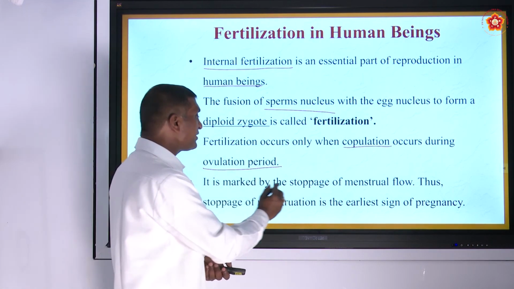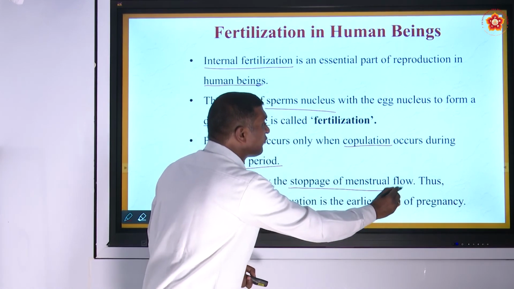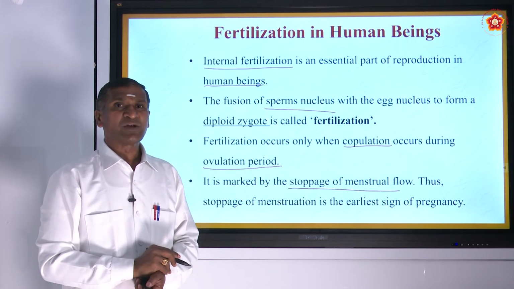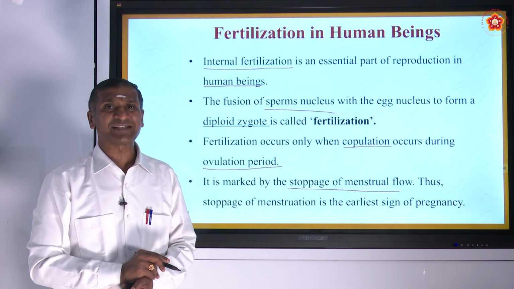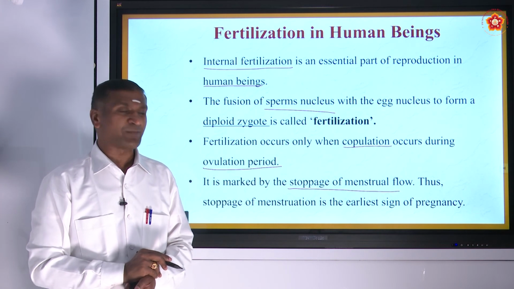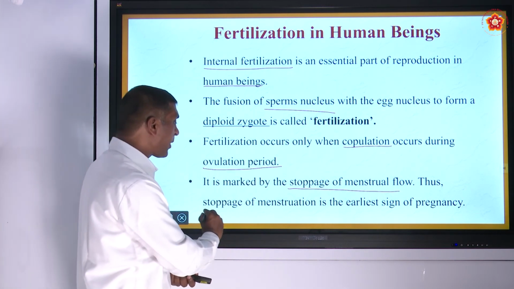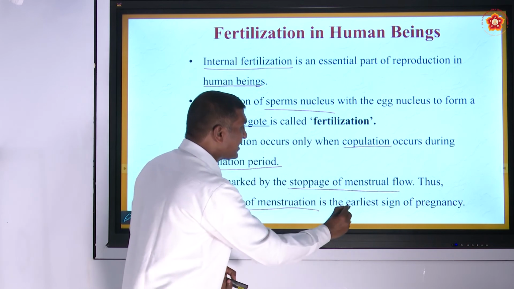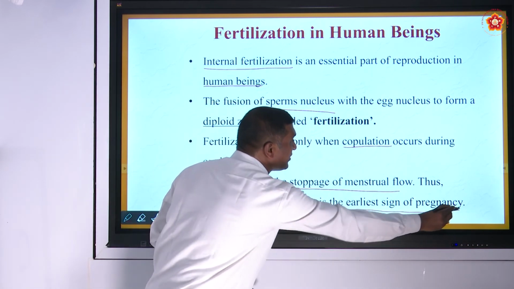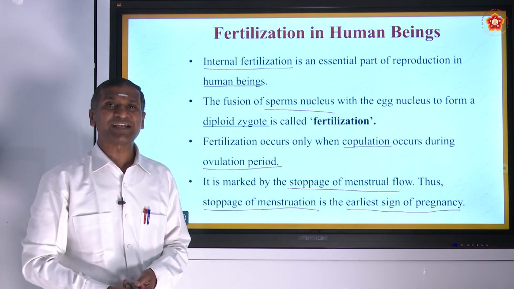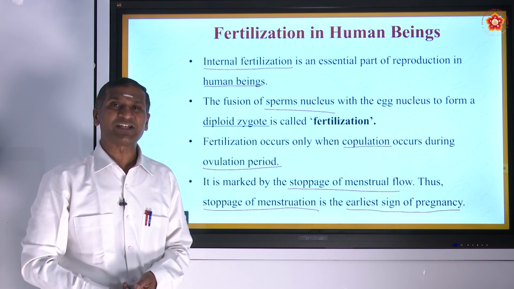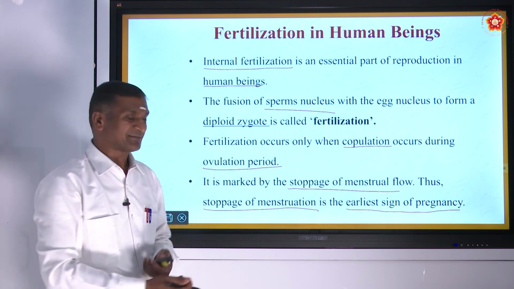It is marked by stoppage of menstrual flow. So menstruation stops when fertilization has taken place in women. Thus, stoppage of menstruation is the earliest sign of pregnancy.